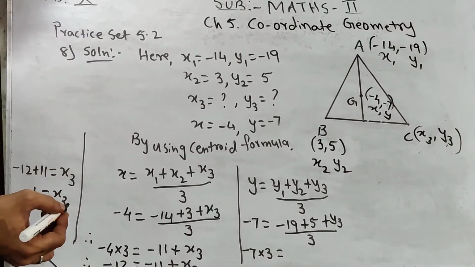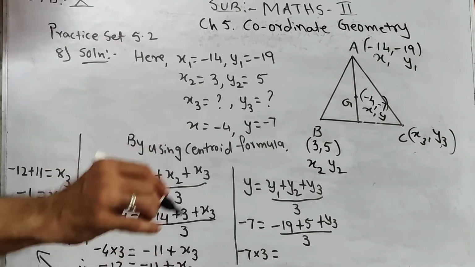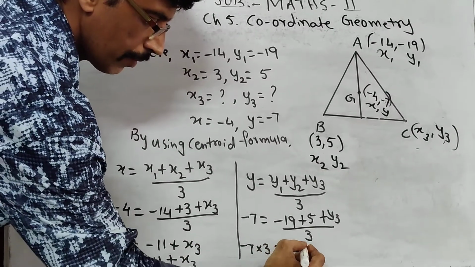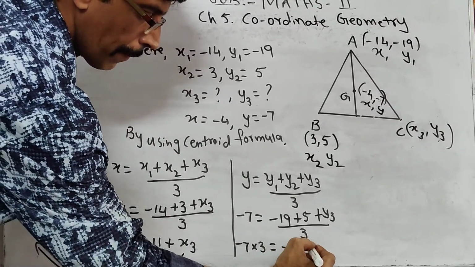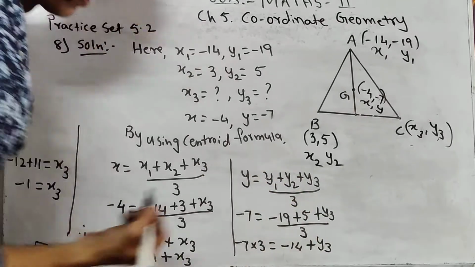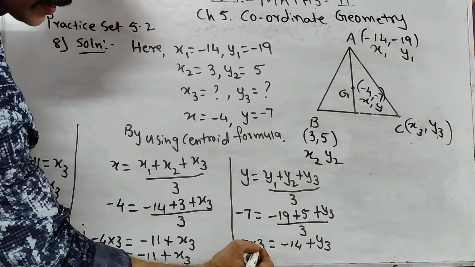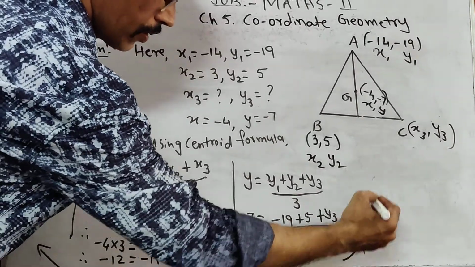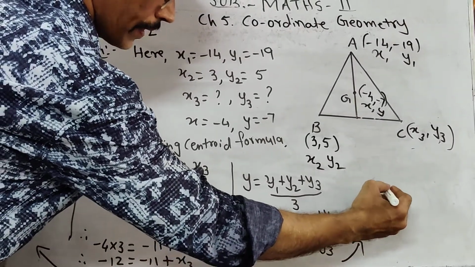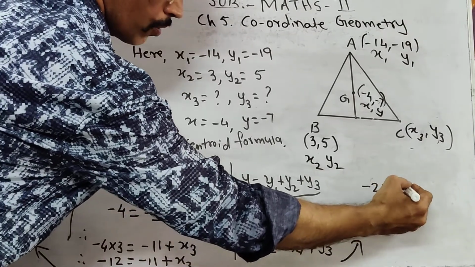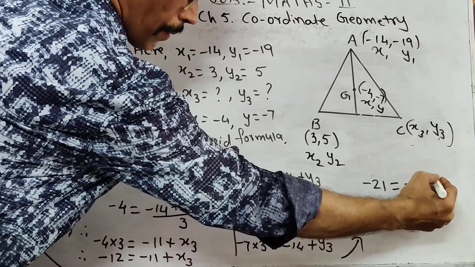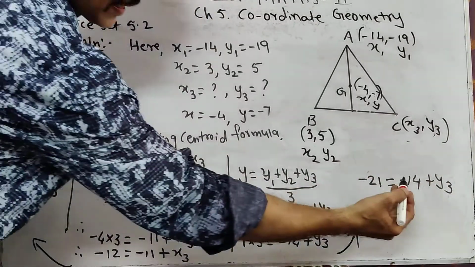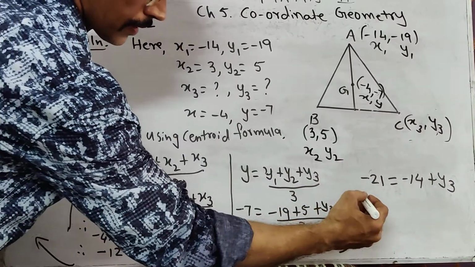Okay, minus plus minus, so 19 minus 5 will be 14. Okay, so minus 14 because bigger number sign, plus y3. Okay, now 7 3s are 21, minus 7 is there. Okay, minus 21 is equal to minus 14 plus y3. Okay, so minus 14 will come here, becomes plus.